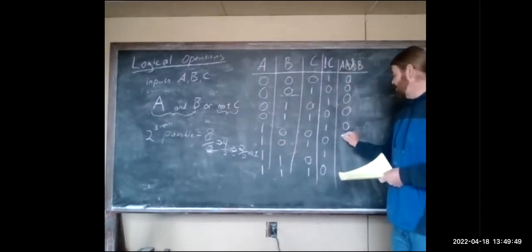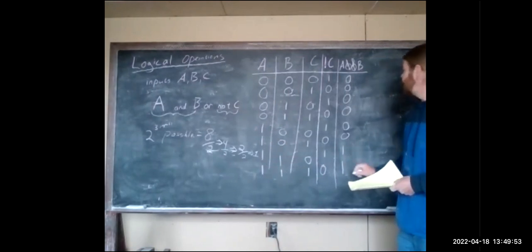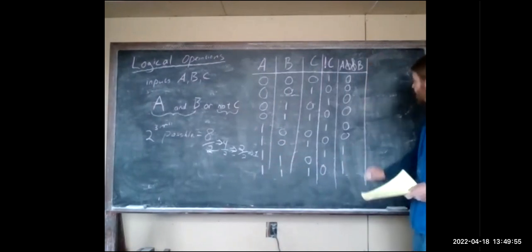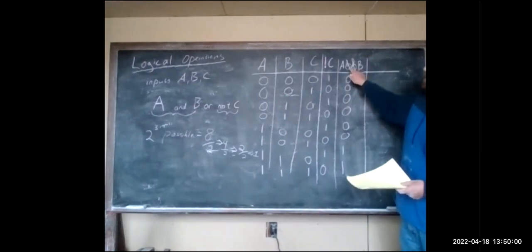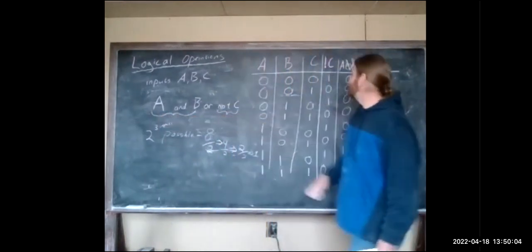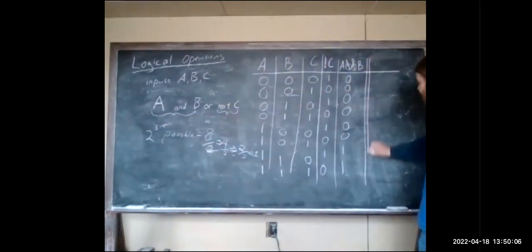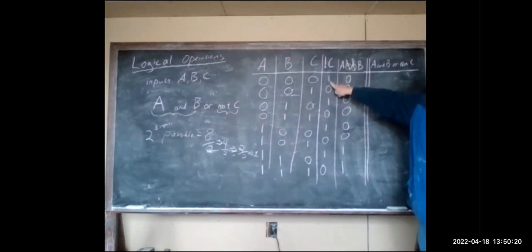Then our last 2 would both give us a 1. And okay, so there's the 2 parts of our more complex expression. So we can combine those into the result of A and B for not C. And we only need these 2 columns to do that.